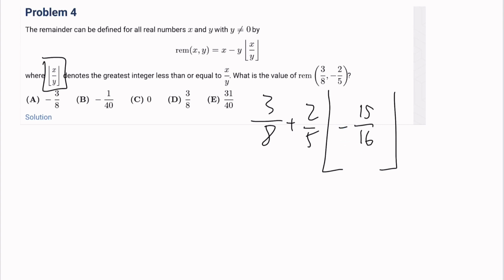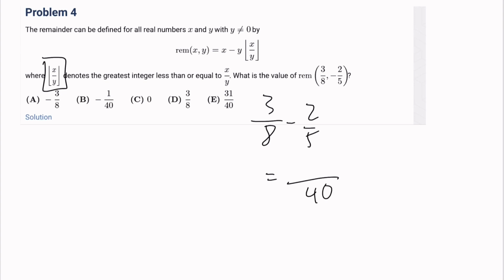So negative 15 over 16, and the greatest integer less than or equal to negative 15 over 16 would be negative 1, right? So we can take this out and make this a negative sign. And so 3 over 8 minus 2 over 5, this equals something all over 40, and if we cross multiply, it's 15 minus 16, so it's minus 1 over 40. So the answer is B.